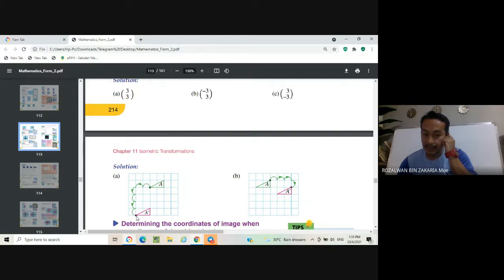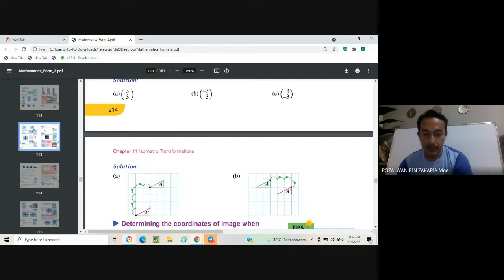Then after that, how to do? You have to move the next point of the object with the same translation. That means move 2 units to the left on the x-axis: 1, 2. Then move 4 units downward on the y-axis: 1, 2, 3, 4.